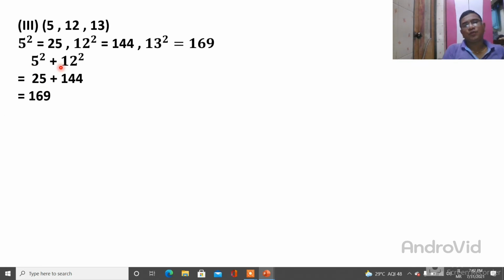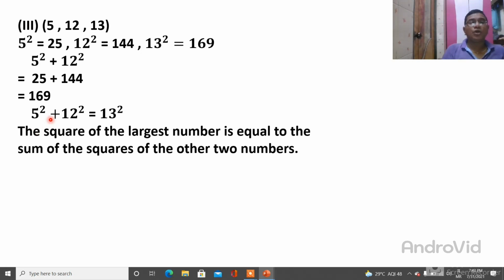So 5 square plus 12 square is 169, and the larger number 13 square is also 169. Both are the same, so it is a triplet. See, 5 square is 25, 12 square is 144, and 25 plus 144 is 169. So it is a triplet.